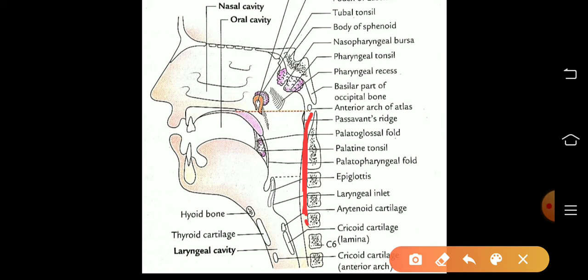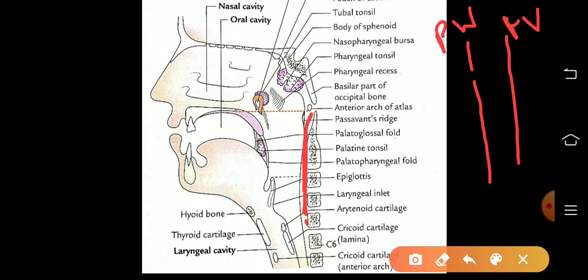We can all feel our pharynx when we are swallowing food. We don't feel any bony obstruction, right? It is because of what lies between the prevertebral fascia and the pharyngeal wall. So this is the pharyngeal wall, and this is the prevertebral fascia.